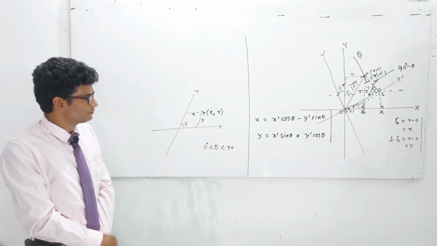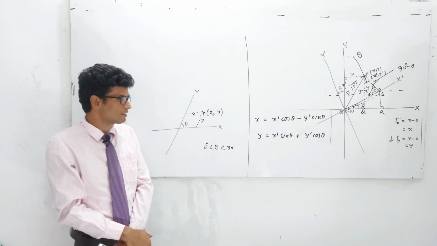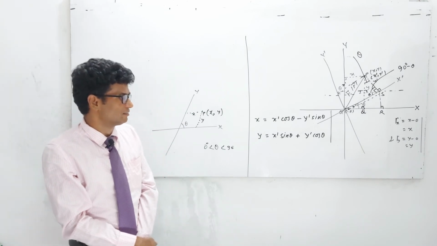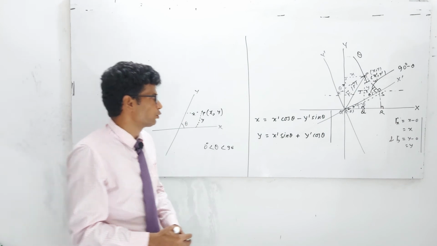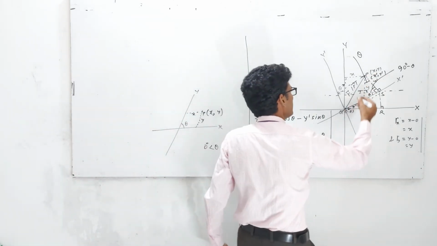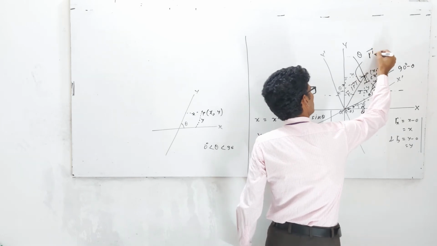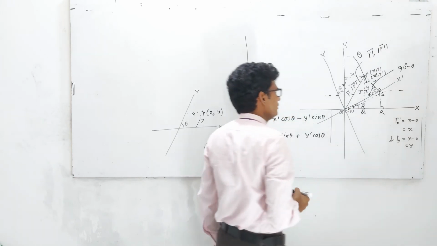Now look at x is the x component of the radius vector, y is the y component of the radius vector R. So what about x prime, y prime? You may take OP as the R prime vector, and its modulus is R prime modulus.